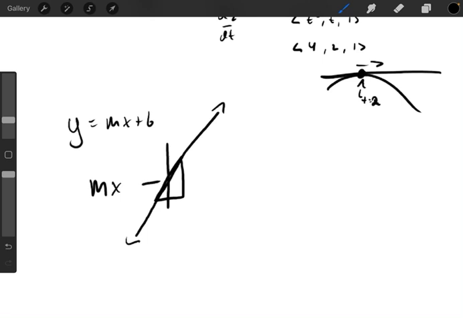But this line, y equals mx, touches the origin. That's not necessarily true. The line might touch this point here, which is where the b comes in.